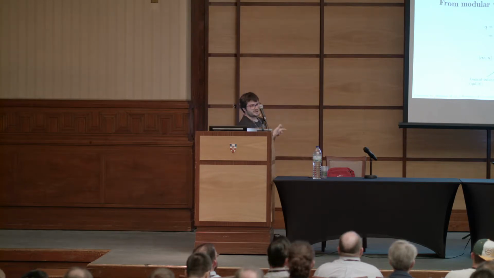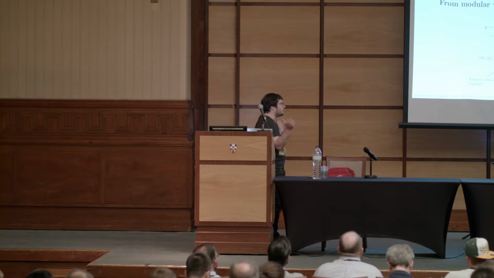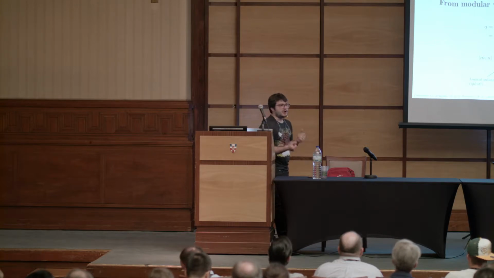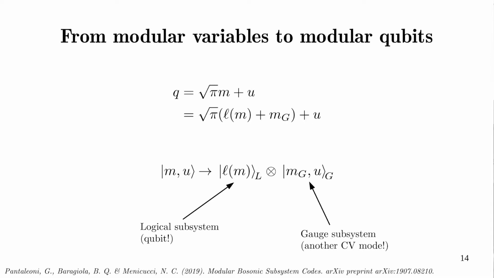We take this integer operator, m, and we say that we have a subsystem of the whole harmonic oscillator Hilbert space, and we label this with the even-odd parity of this m operator. At this stage, we haven't defined any code. We're just saying this is how we're going to be writing a basis for a Hilbert space.